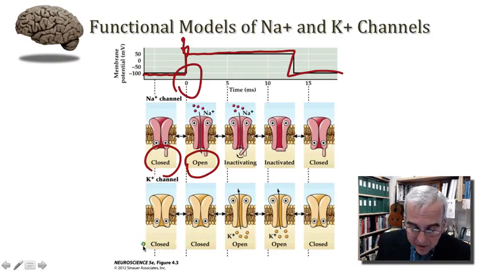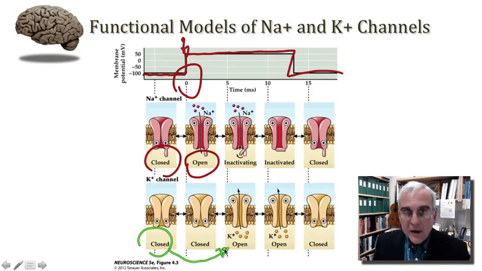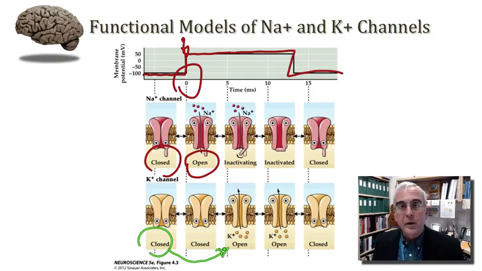The probability that a potassium channel will go from a closed state to an open state is less than for the sodium channel with this step in depolarization. If we consider the behavior of a single ion channel, which it's possible now to do, we can understand this behavior in more principal terms.